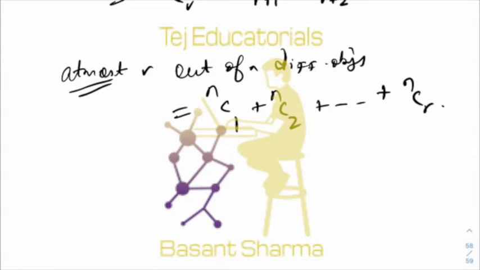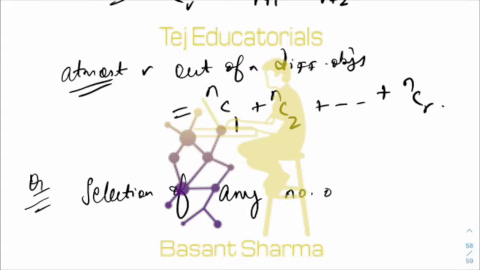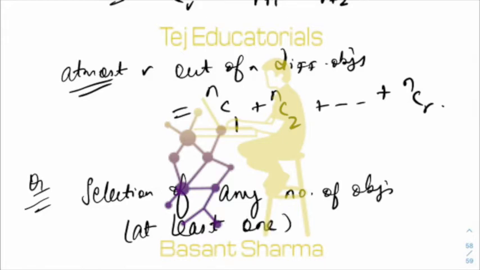Now similarly, if I ask what are the total number of ways of selecting any number of objects out of n different objects such that at least one object is selected. So the question is selection of any number of objects, at least one, out of n different objects.